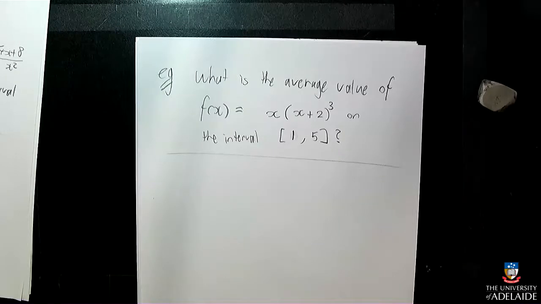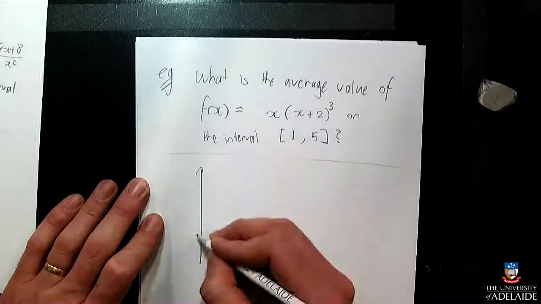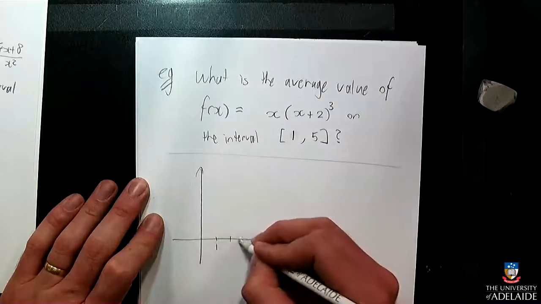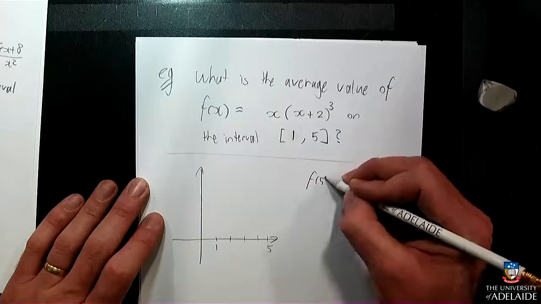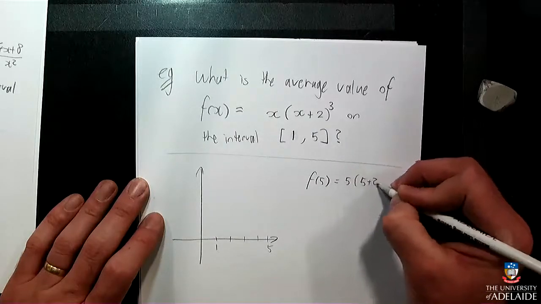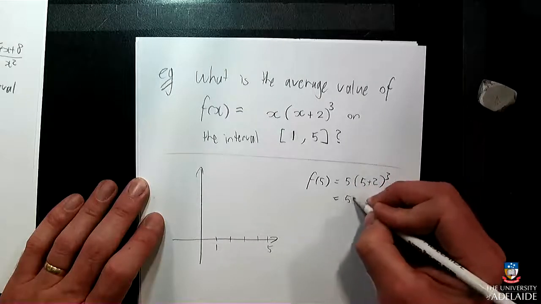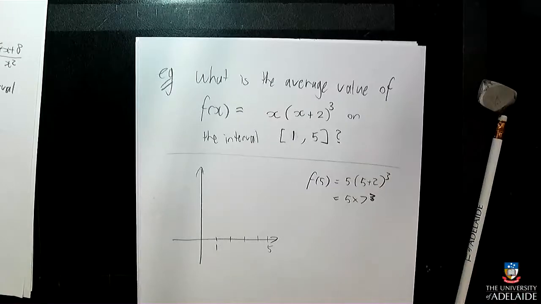I could attempt to graph it actually, if I wanted, but it doesn't make a difference to the average value. But I will draw a graph. So here's 1, 2, 3, 4, 5. When I put in 5, f of 5 is 5 times 5 plus 2 cubed, which is a horrifyingly huge number. 5 times 7 cubed is 1715.